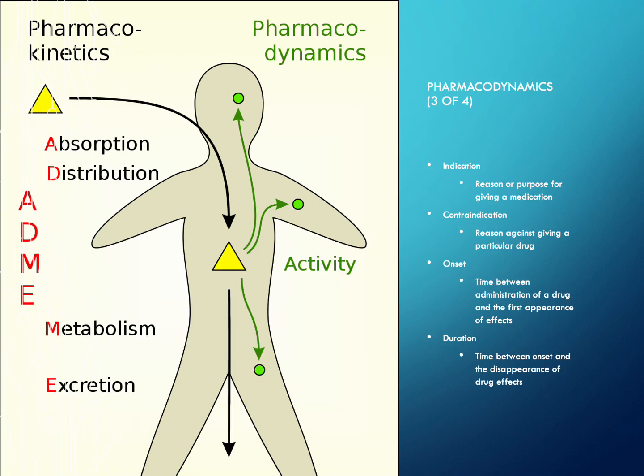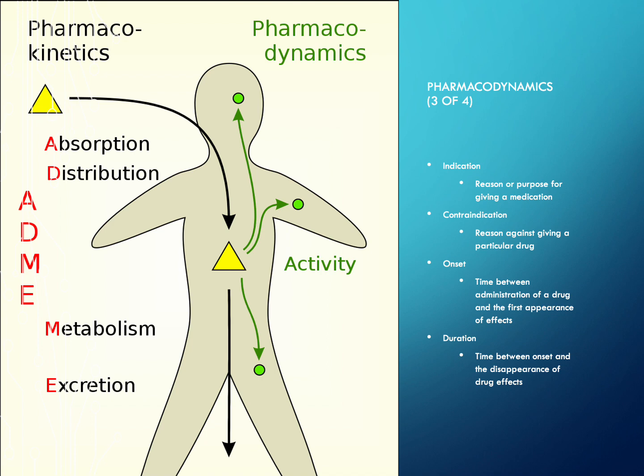Some other terms used to clarify aspects of pharmacodynamics include indication, contraindication, onset, and duration. The reason for giving a medication is going to be referred to as the indication. The reason or purpose for giving a medication is the indication. Now, the contraindication is going to be the opposite.